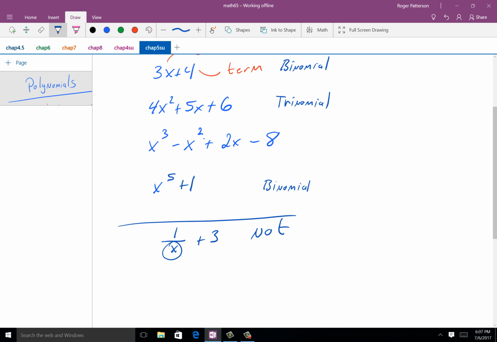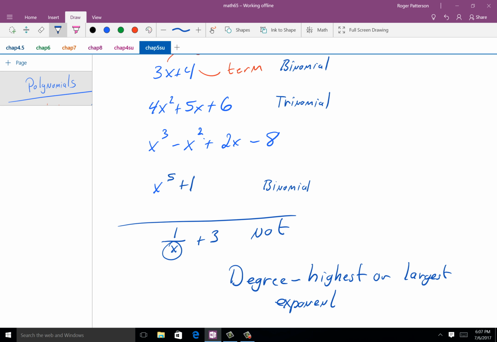The other way to classify them is by the degree of the polynomial. And the degree is the highest or largest power or exponent. Okay?